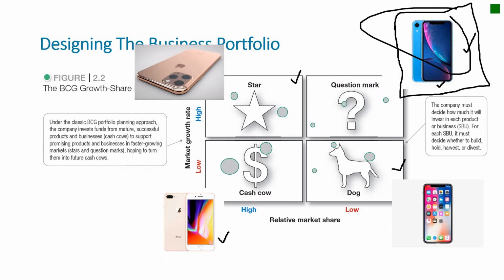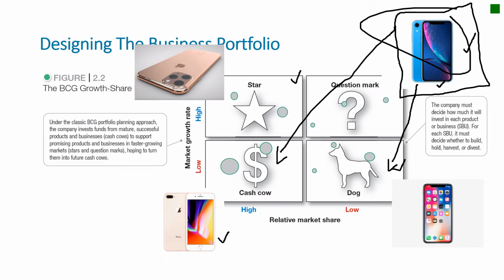For example, if iPhone XR has been introduced for 6 months and it still has a relatively low market share, marketers can decide to put it in the dog category, and thus they can decide to discontinue. Let's say if they see high potential that XR can give more profit for them in the future, they may want to put iPhone XR in the cash cow category.